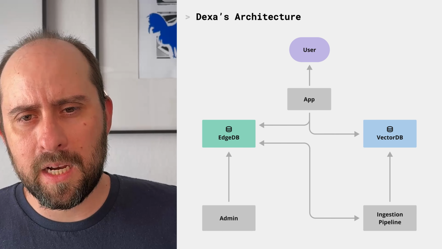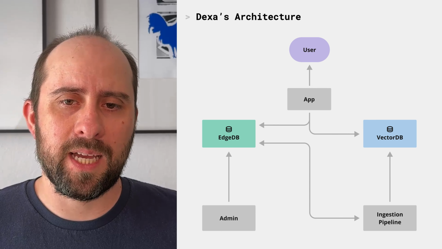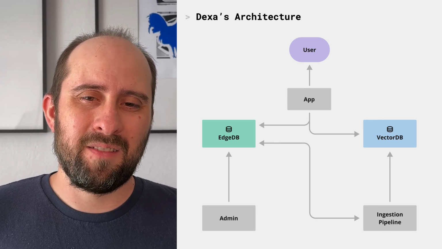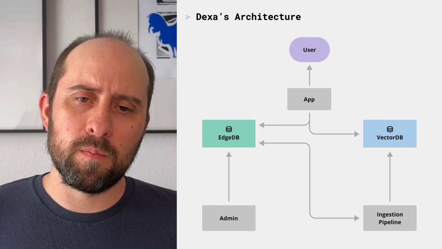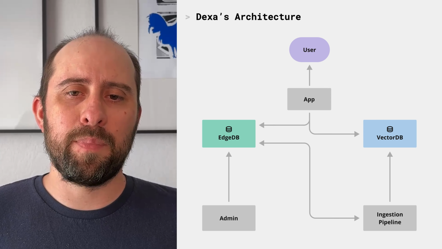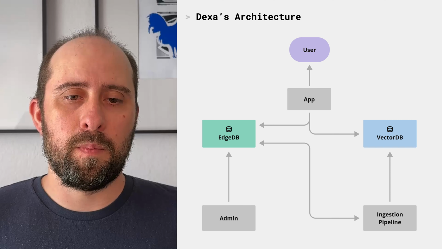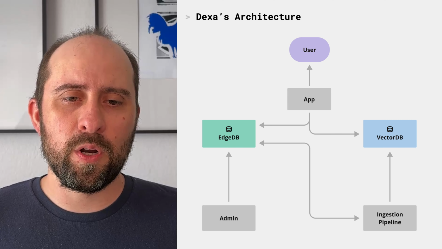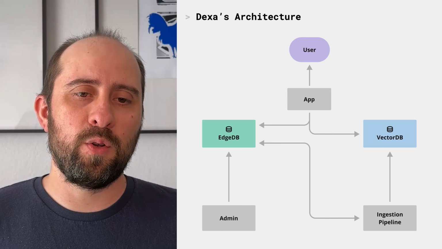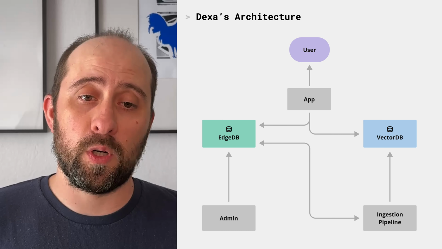Here's a simplified overview of how Dexa is structured. You can think about Dexa as 3 main services. We have the app, where we serve our users, but critical for us is how we add new content, and that content is all stored in EdgeDB.